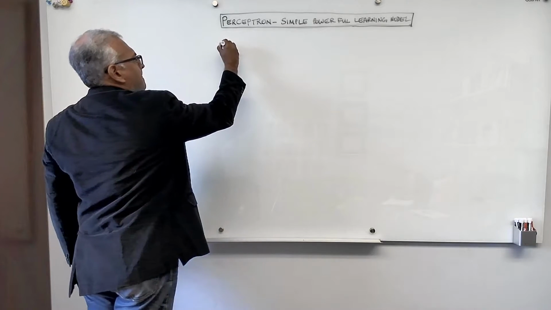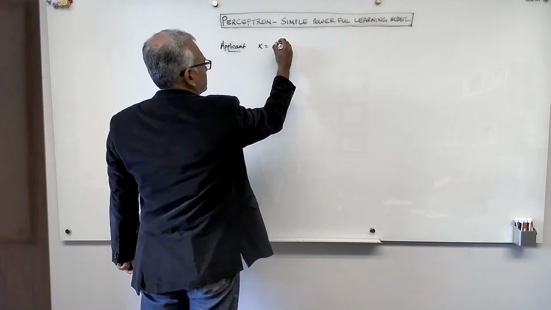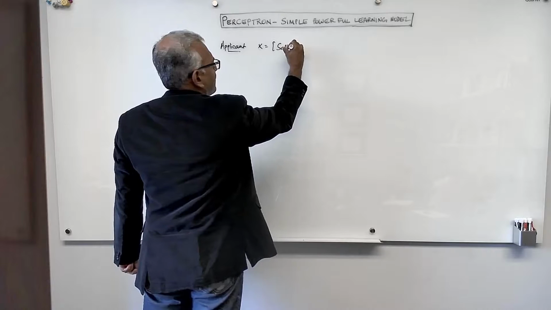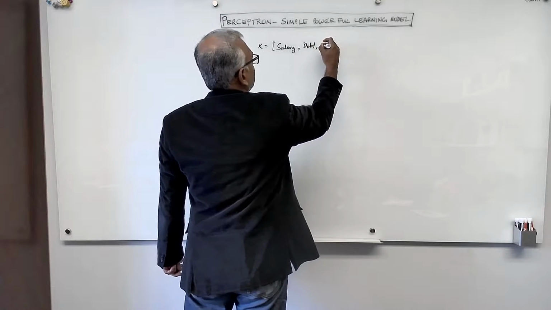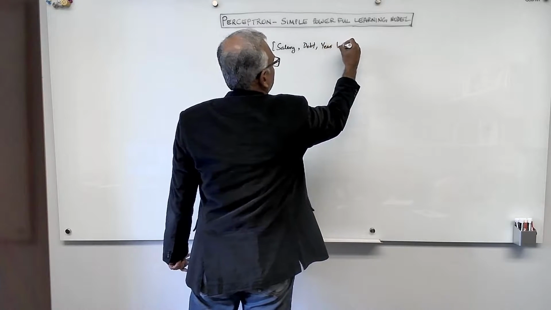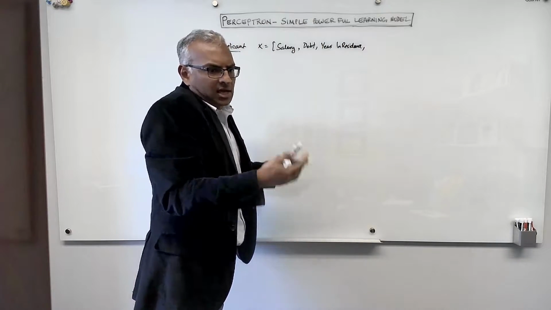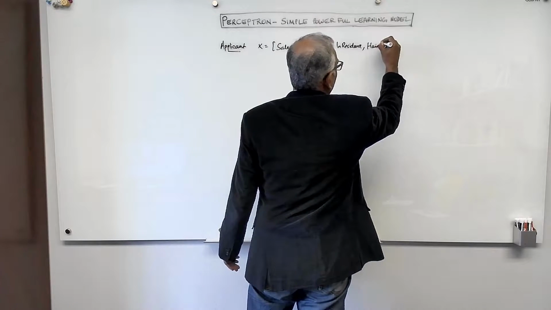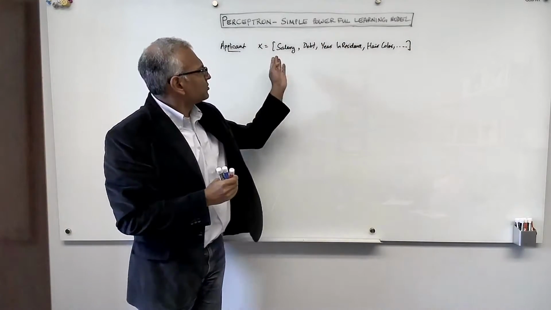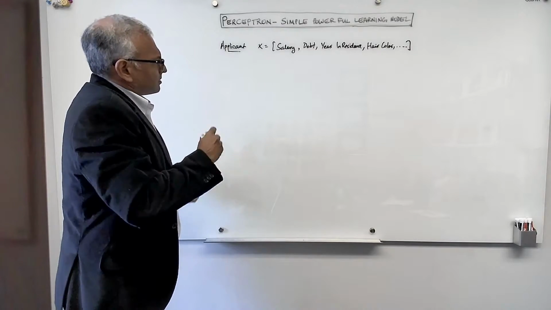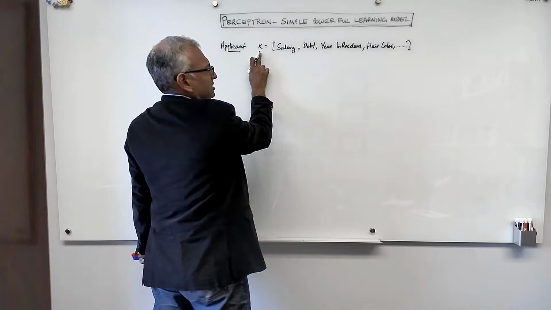So we have an applicant. And what is an applicant? An applicant is X, which is salary, debt, years in residence, I don't know, you could ask an applicant for hair color if you want, I don't care, etc. So an applicant comes, there's a vector of attributes, a vector of features, and remember, we can represent this applicant using its features, which is an input vector x in a d-dimensional space.